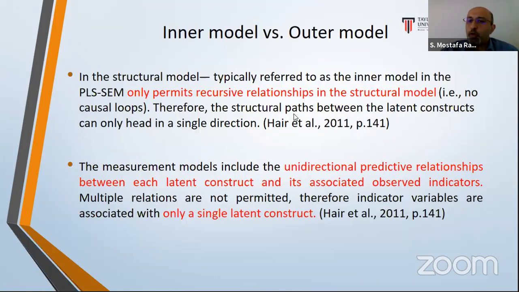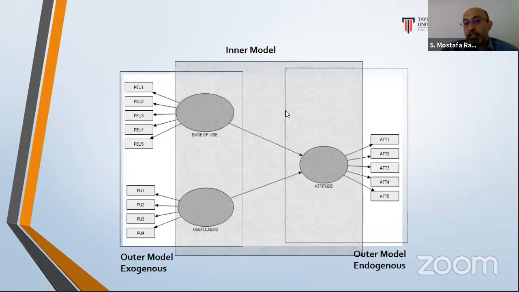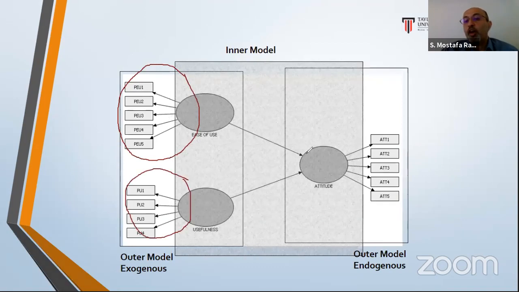Another concept that we use a lot in SEM is inner model and outer model. Outer model or measurement model refers to the relationship between observed items and construct. So when we talk about the relationship between items and construct, we are working on the outer model or measurement model.